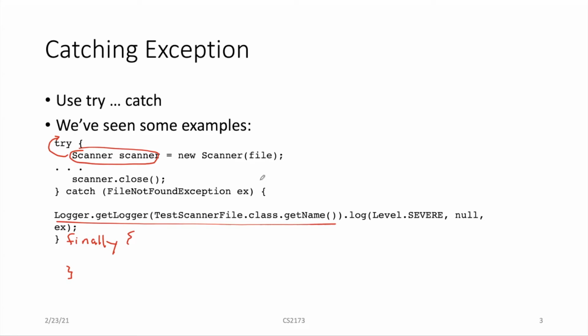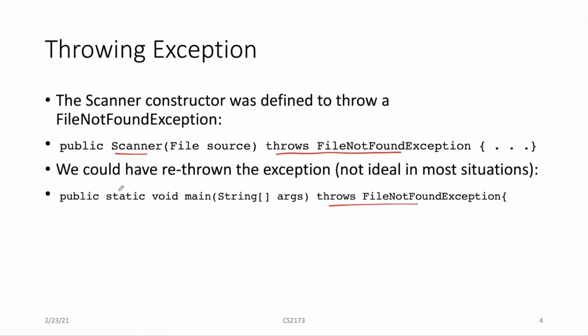So that's where the finally comes in. You notice that as a first cut, we did this, but after a while, we had this finally one where we said, okay, if the scanner is not null, then we'll make sure it gets closed. And that ensures that the scanner will always close regardless of whether an exception is thrown. That's important.